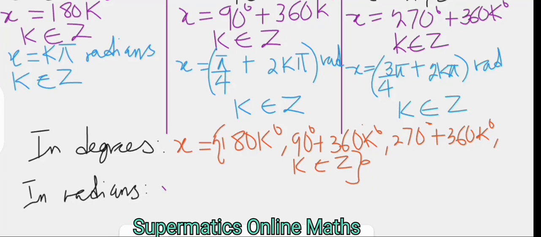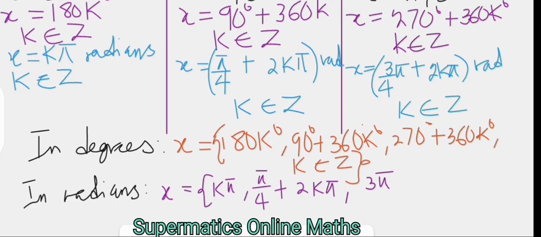And in radians, x could take any of these angles: k pi radians, x could be pi over 2 plus 2k pi radians, and x could be 3 pi over 2 plus 2k pi radians. K is an integer.